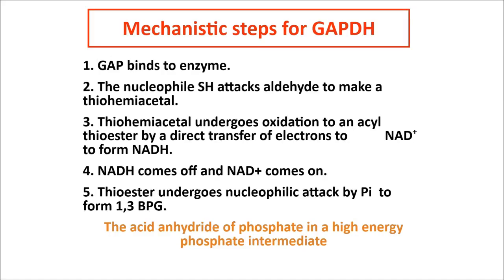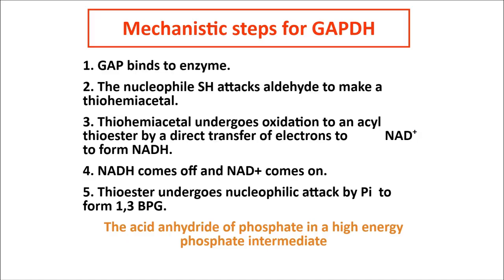And so this is just a breakdown in text of what is all happening. So in general, you have GAP, which is once again that glyceraldehyde 3-phosphate. It binds to the enzyme by a nucleophilic attack by the cysteine amino acid, and that actually creates this thiohemiacetal. And then from there, that NAD+ goes and oxidizes the thiohemiacetal to produce the NADH.